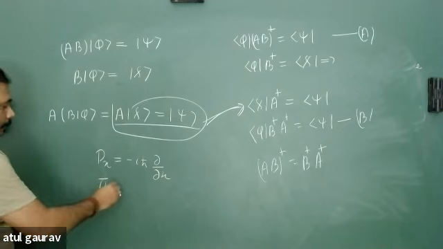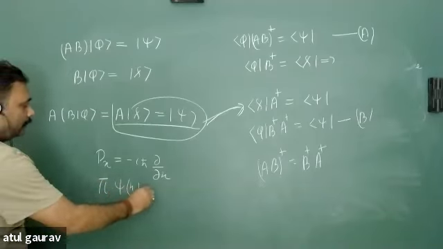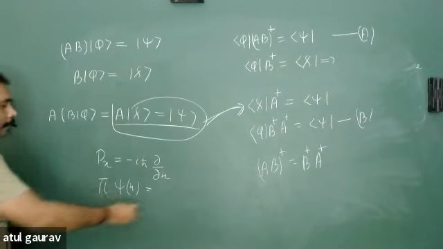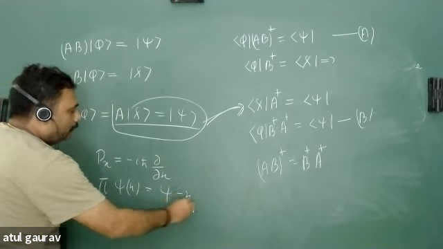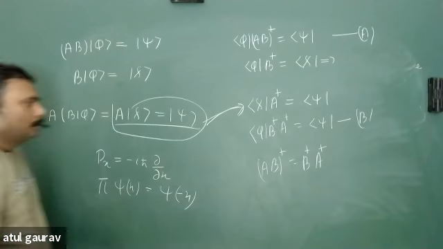You have the parity operator. What is the parity operator? Parity operator is pi. It will operate on any function of x. If I just want to go from x to minus x, I use the parity operator and I get psi of minus x. N number of operators you can have.